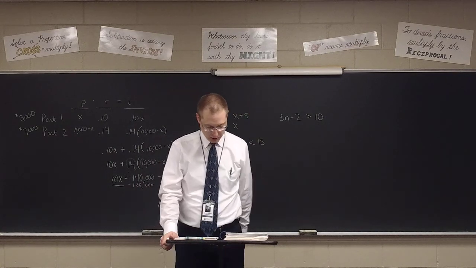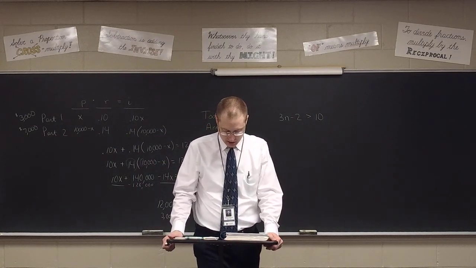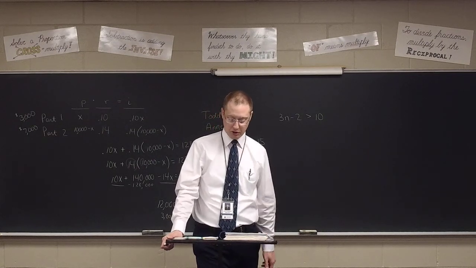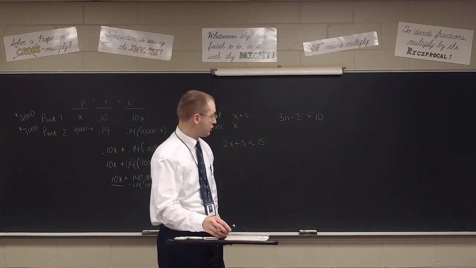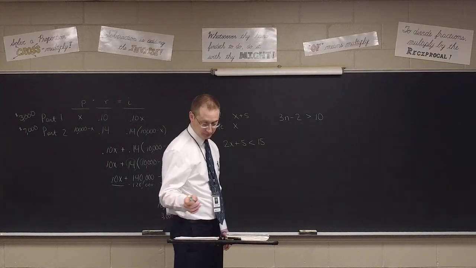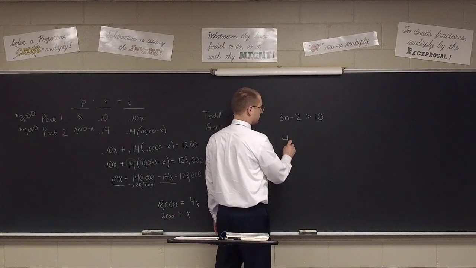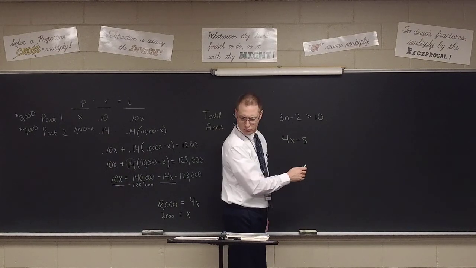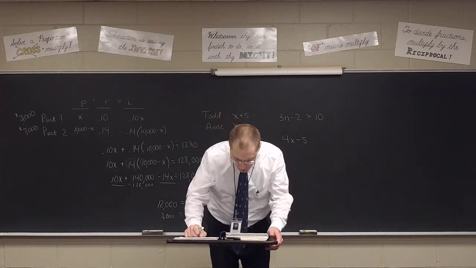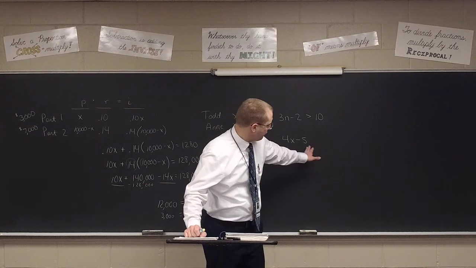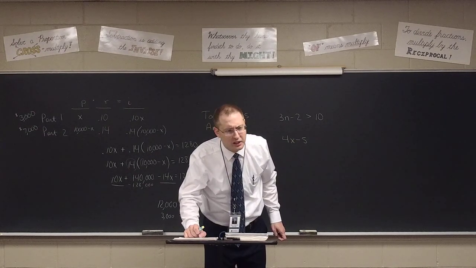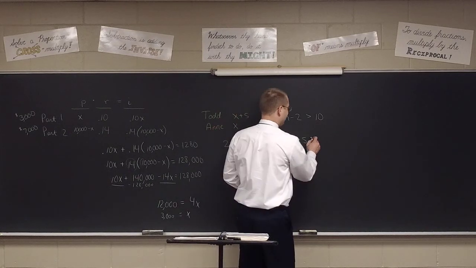All right, and number 30. 5 less than, not is less than, 5 less than 4 times the number is greater than or equal to 3. And asking if 2 is a solution, how would we write that, Maddie? 5 less than 4 times the number is greater than or equal to 3.